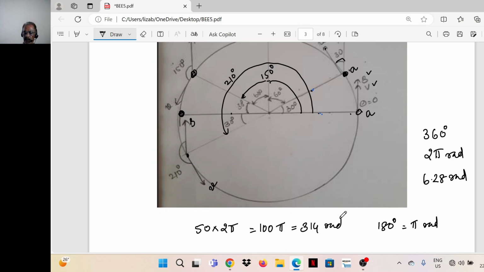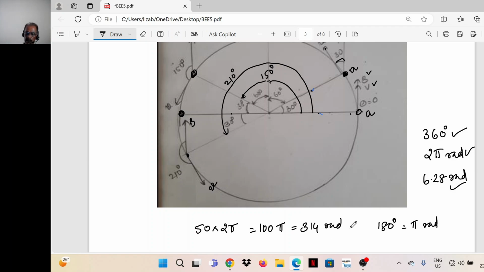So in one revolution, the coil moves through an angle of 360 degrees, or 2 pi radians, or 6.28 radians. If the coil is making 50 revolutions per second, then the angle through which the coil moves in 1 second is 50 into 2 pi radians, which you can solve to 100 pi radians, or 3.14 into 100, 314 radians.